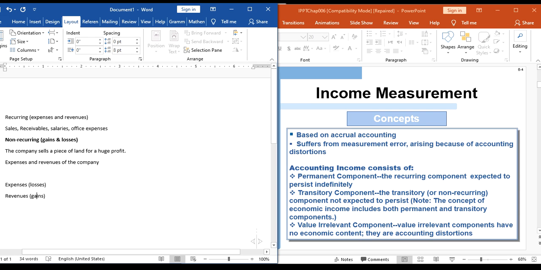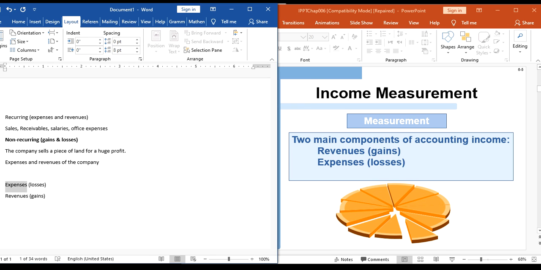It's not from the operation activities. The same is for the expenses. If the company lost because of an earthquake, a financial crisis, a pandemic like coronavirus, this should not be recognized as expense.